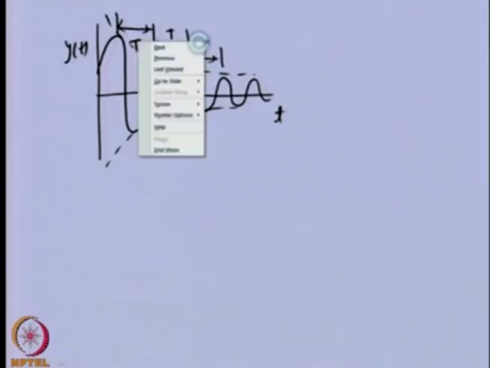Now you can see that in this particular plot, this is the time period, and that remains the same. It does not change with time. Always this time period will be defined with respect to this.